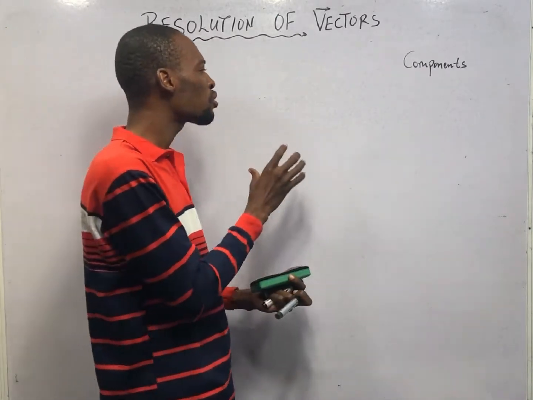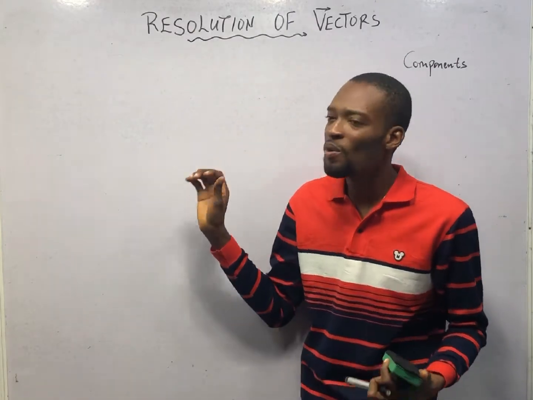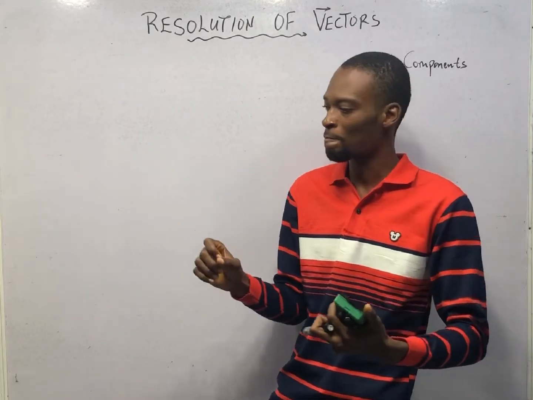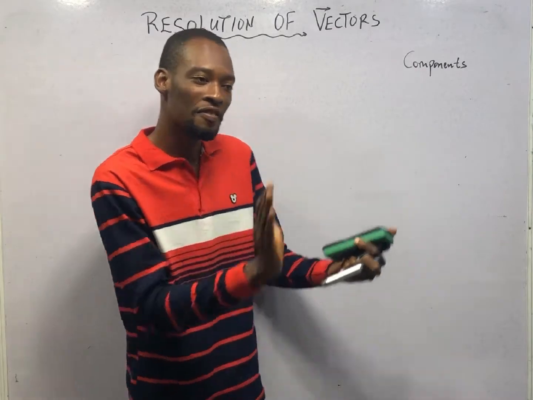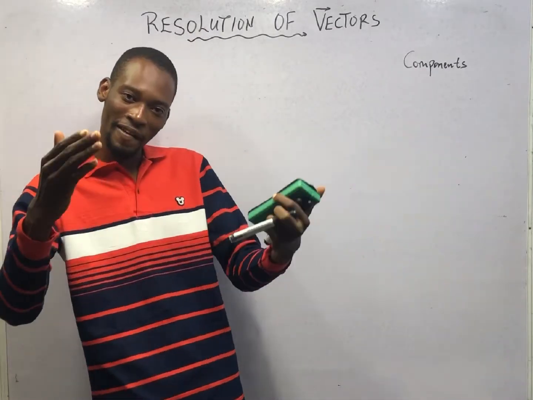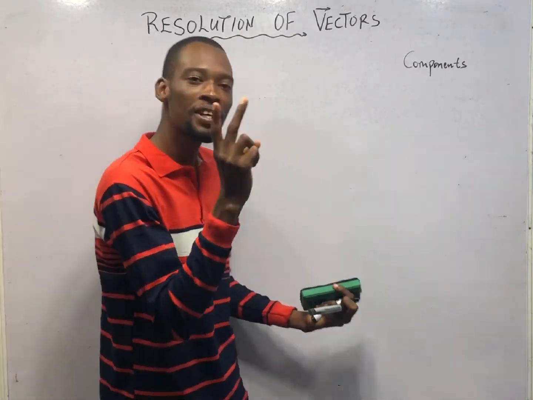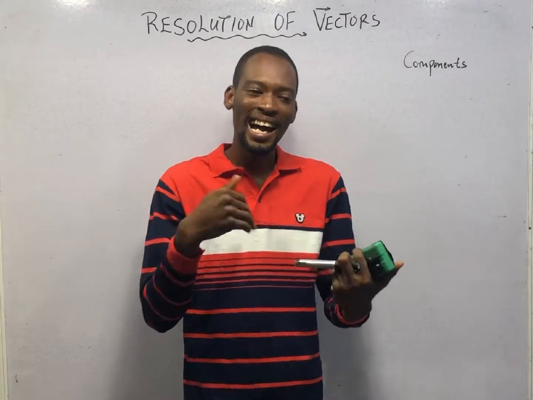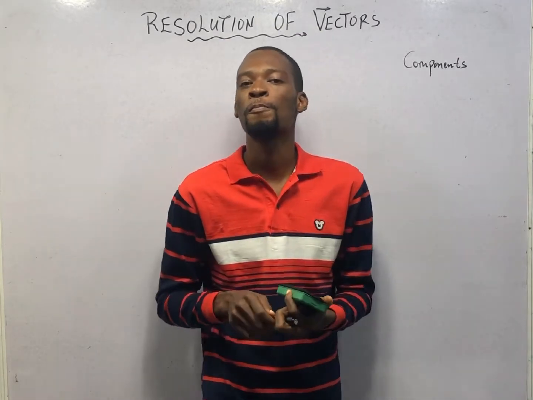This takes us to 2 dimensions and 3 dimensions. A vector can either be 2-dimensional or 3-dimensional. 2-dimensional vectors have 2 components, the vertical component and the horizontal component. 3-dimensional vectors have 3 components, the vertical, horizontal, and the third component referred to as the z component.